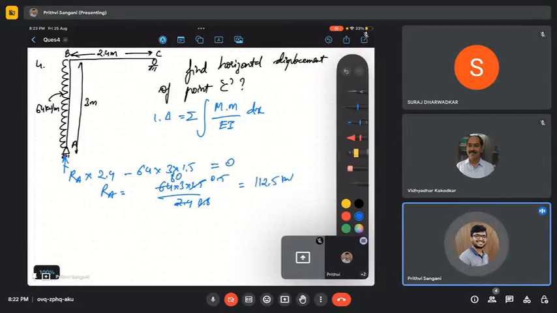I have already solved it, so I'm just writing down the values here. So Ra is 112.5, which is upwards.